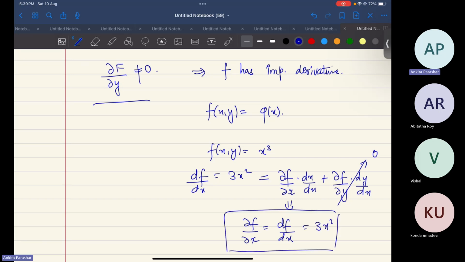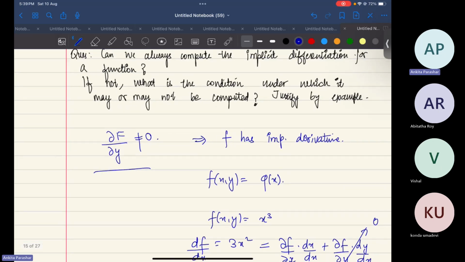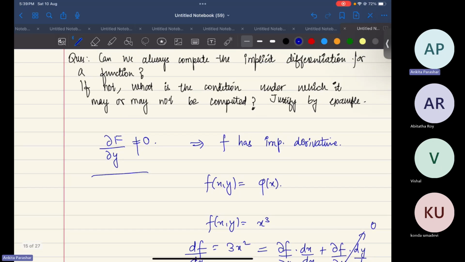Here this part being non-zero is not what I am emphasizing. What I emphasize here is that writing y in terms of x can help you in computing that. Here certainly there is no y, so you cannot do that.